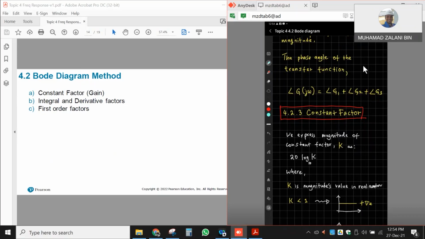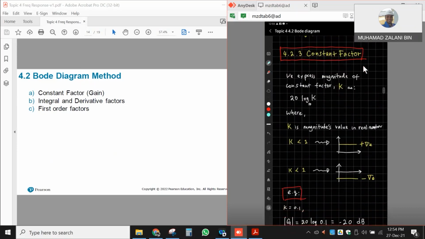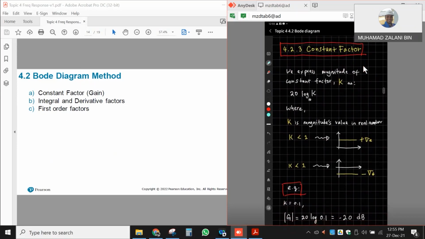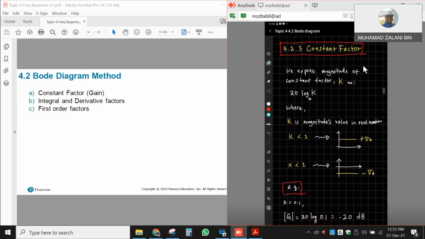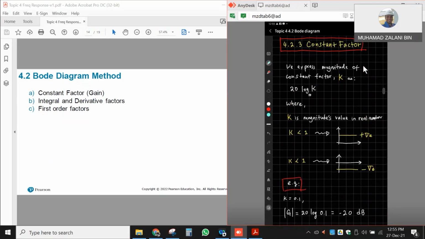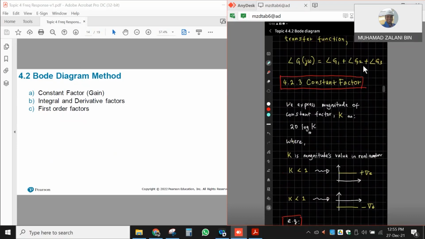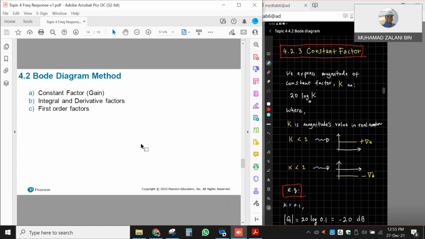I will start with the constant factor first. This is a more detailed explanation of the Bode diagram plot in terms of individual factors. You'll see a lot of notes here, and I will focus on this note in the remaining session.